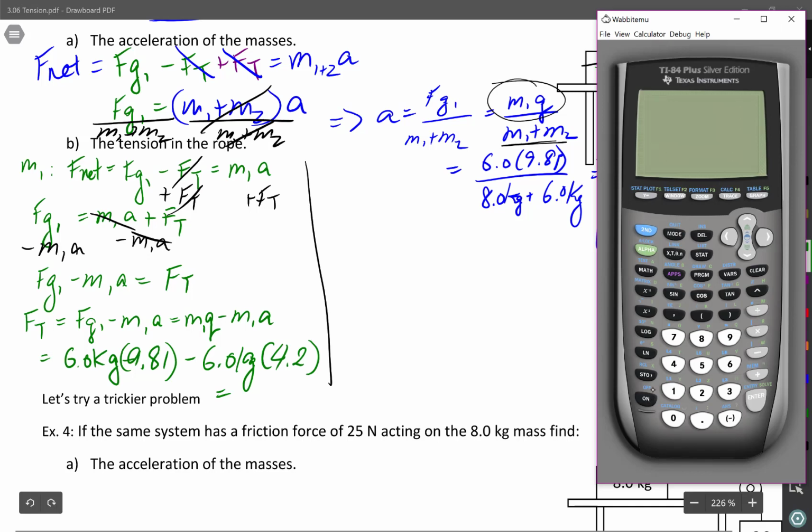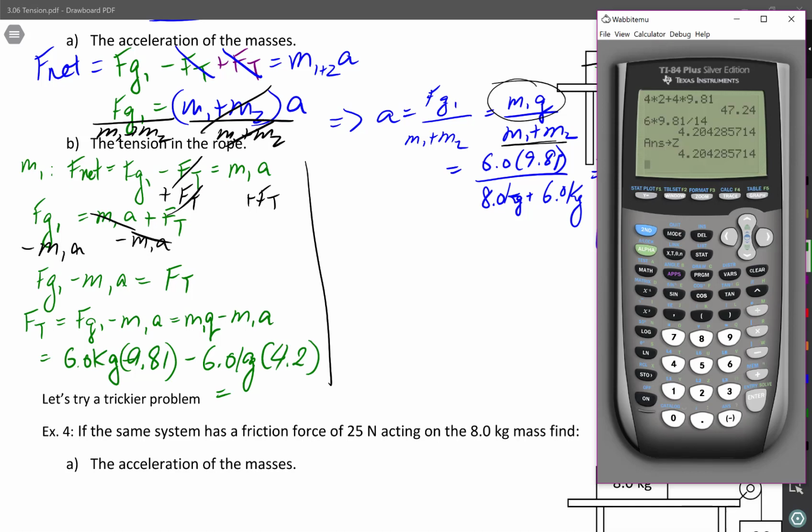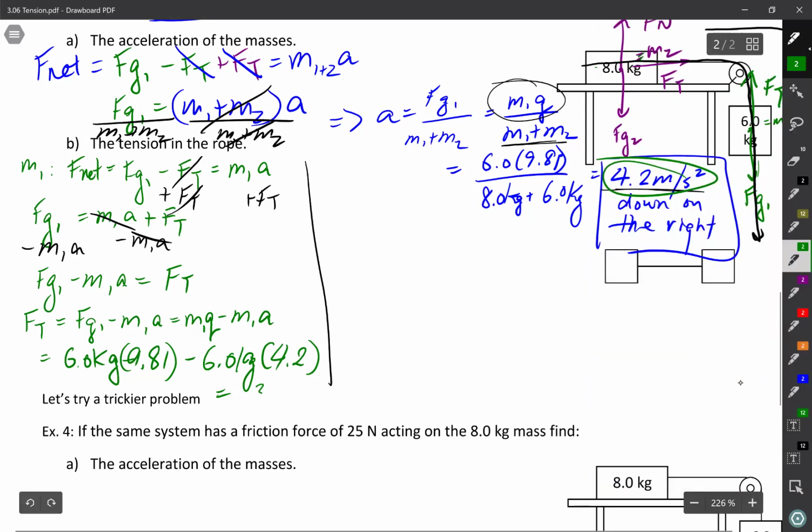Hopefully, I've stored it as Z. So I will do 6 times 9.81 minus 6 times Z, giving us 33.63 dot dot dot, which rounds to 34 newtons.